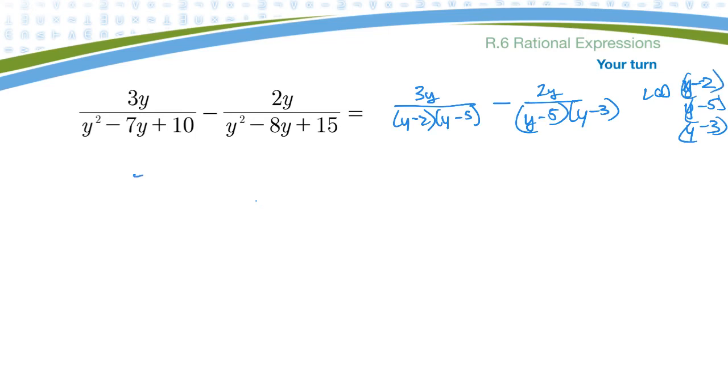So the first one, I have a 3y over y minus 2, y minus 5, y minus 3. Oh, let me put that in another color. Y minus 3, because that's different. Plus, 2y. Oh, why did I get a plus?